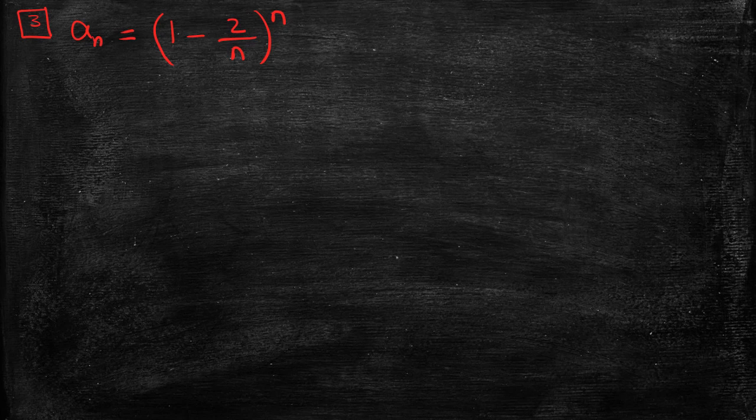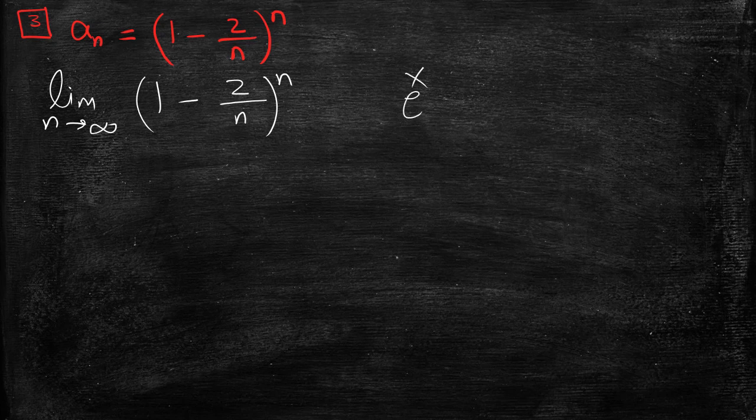Let's see something else. Again, this is the nth term or general term. Just taking the limit here, limit n approaching infinity of (1 minus 2 over n) whole to the power n. This will, again, remind us of the exponential formula.